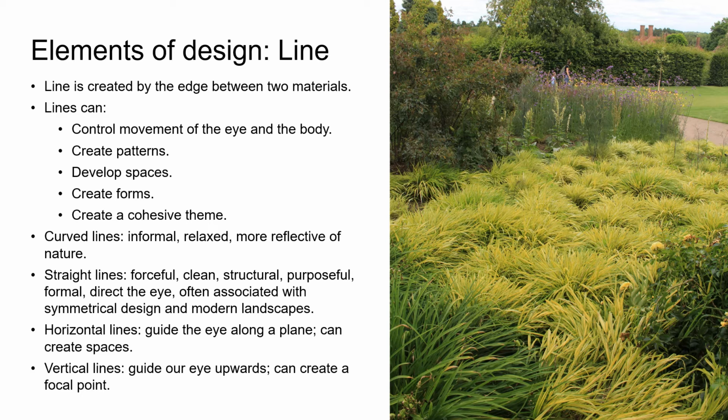In general, curved lines are informal, relaxed, and more reflective of nature and natural landscapes. Straight lines are usually more formal. They can be forceful, clean, structural, and can direct the eye in a very specific direction. Straight lines are often associated with symmetry or geometric design and modern landscapes.